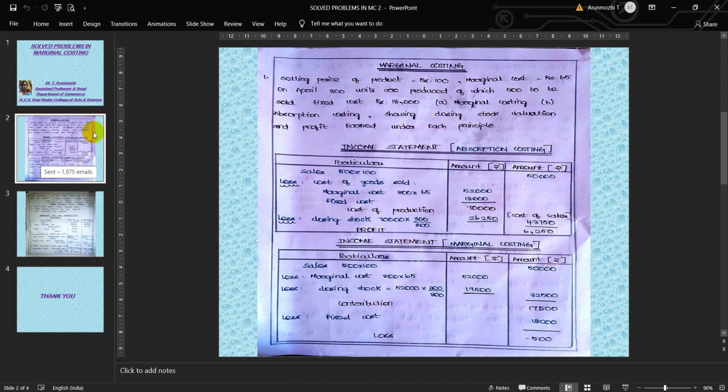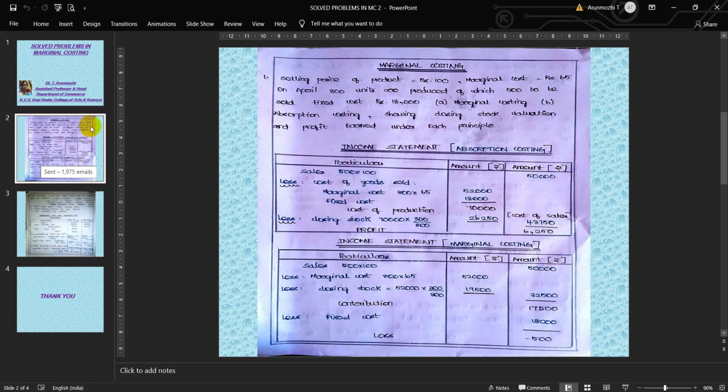In the same method, you get the contribution as 17,500, less fixed cost 18,000. You get the reverse answer as 500. Closing stock is valued at cost of production in absorption costing, whereas it is valued at marginal cost in marginal costing.